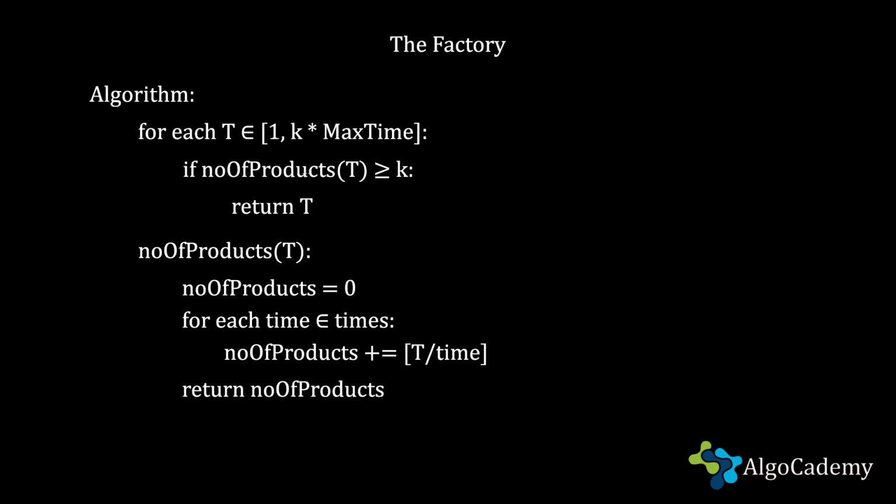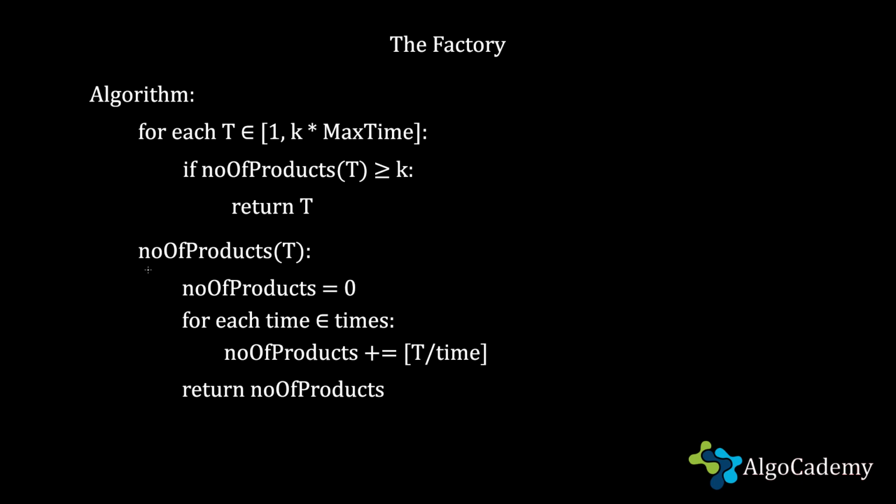Obviously, for some values of t, for example 1, 2, 3, and so on, the number of products will be less than k, because as the time increases, our workers would be able to pack more and more products. So at the first value of t, the smallest one for which this value is greater than or equal to k, we return t. And this is how we make sure that we will return the minimum amount of time, the answer of the problem.